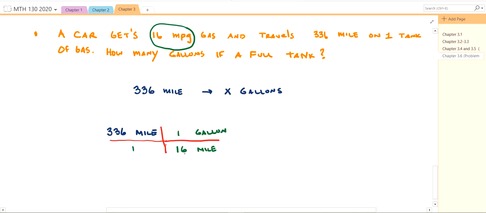Now the reason I put the 16 here in the denominator is because I want to cancel out this mile. Okay? So then the relationship we're going to solve is 336 divided by 16, and the result we get is gallons.